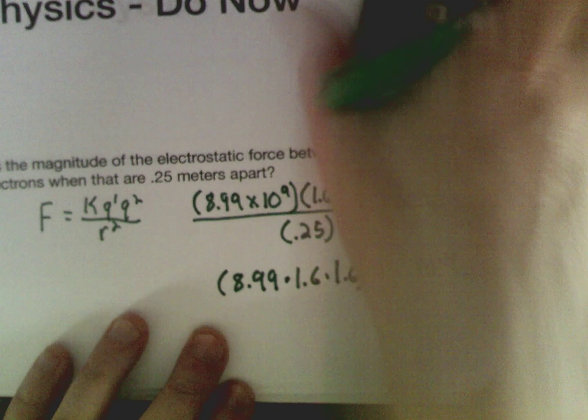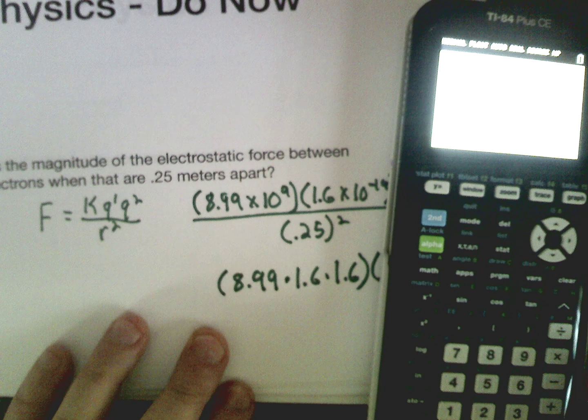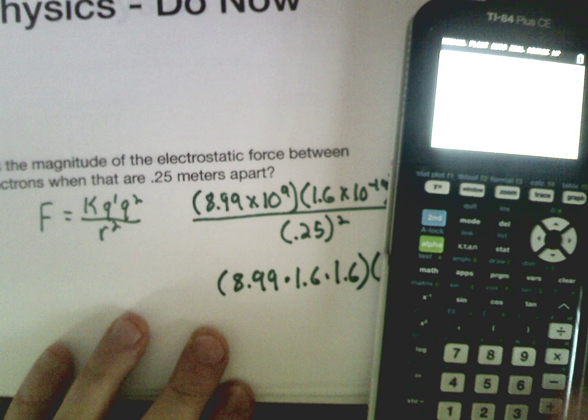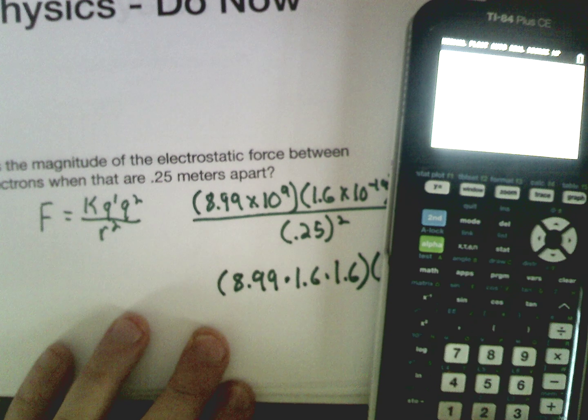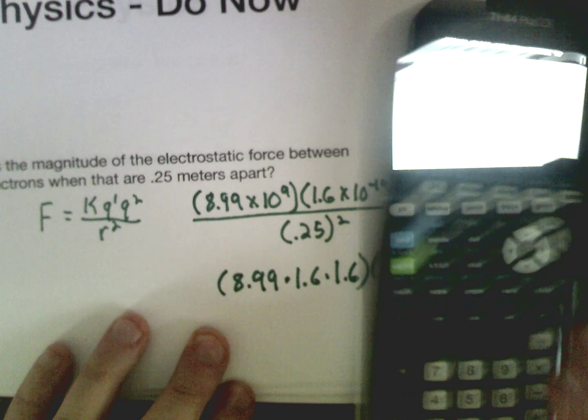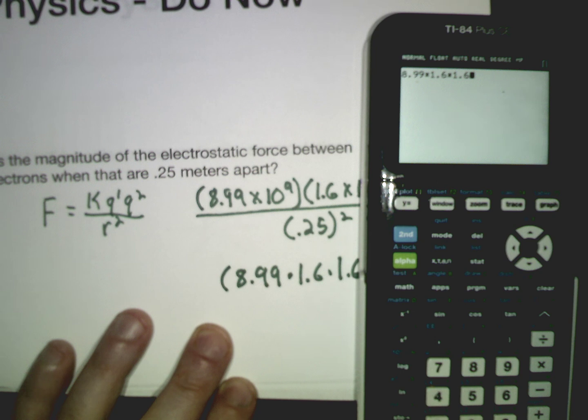Here I just do 8.99 times 1.6 times 1.6. Sorry, let me turn this light on so you can see my calculator just a little bit better. Okay, hit enter.